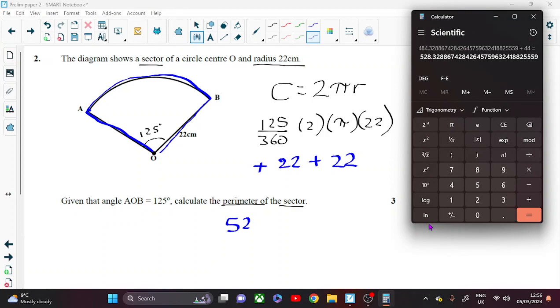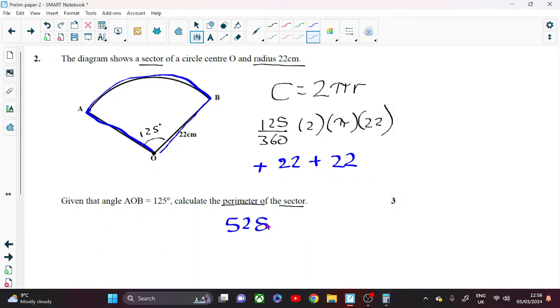I'm going to round it to one decimal place: 528.3. And we're dealing with centimetres. I did that to one decimal place because they didn't give us any information on what they wanted it to, so I had free choice there.